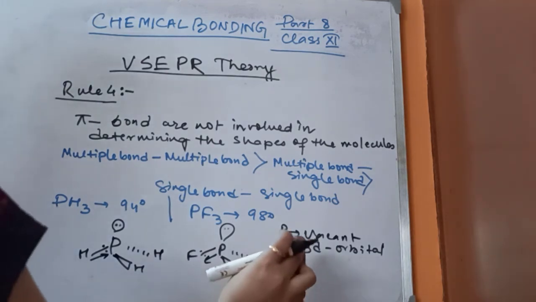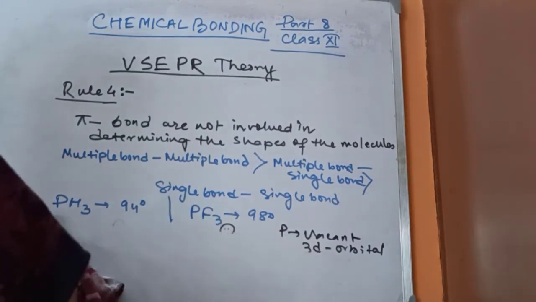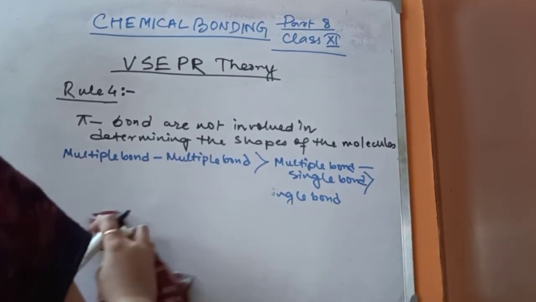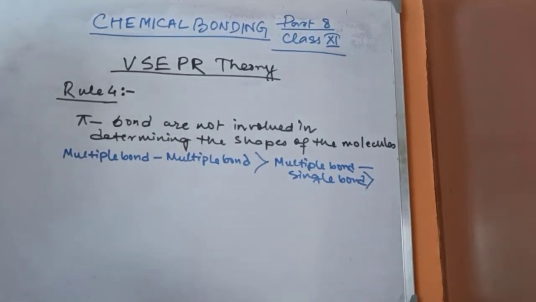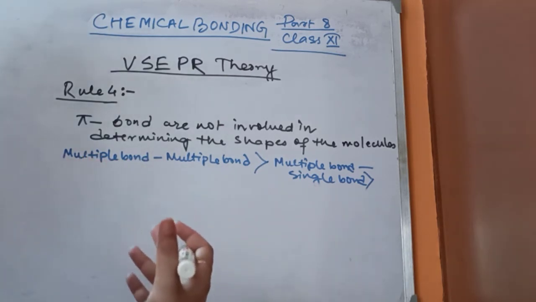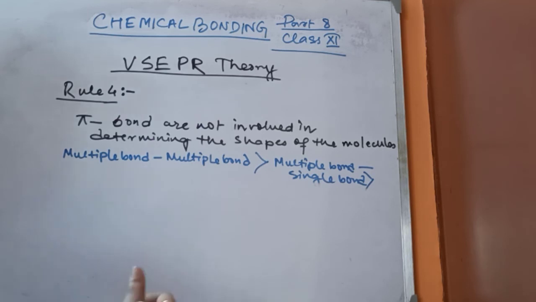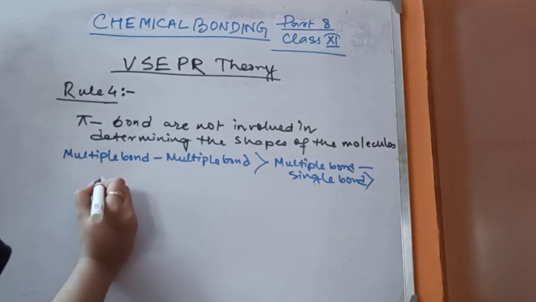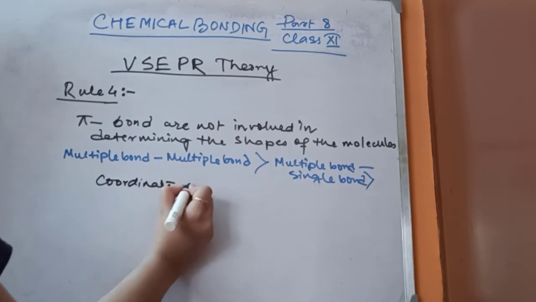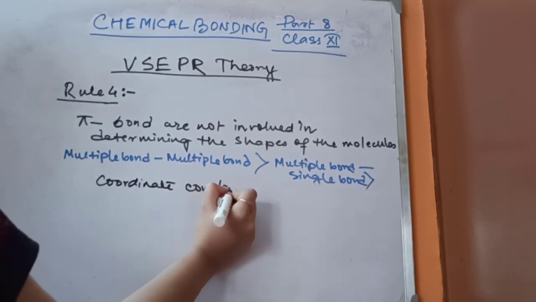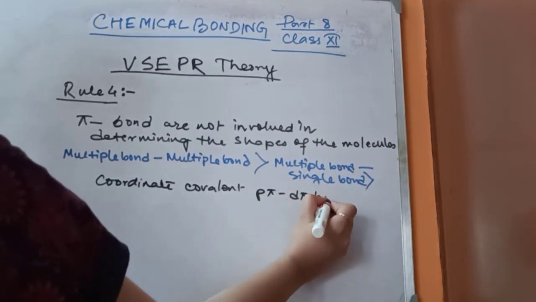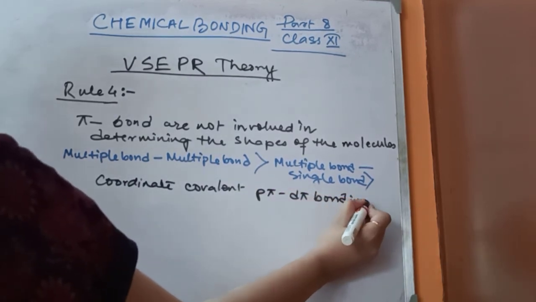So because of the presence of incomplete 3d orbital in phosphorus and complete 2p orbital in fluorine, there is coordinate covalent p pi d pi bonding.